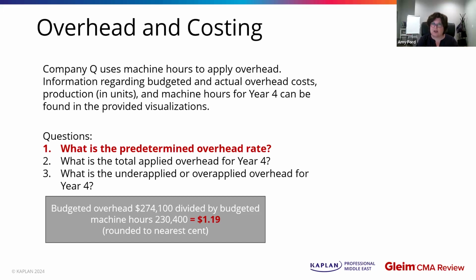We use this predetermined overhead rate and we apply, I call them all my A words: apply, assign, allocate overhead to these products and these costs. That way I'm able to prepare monthly financial data. Then at the end of the year, we will see how well we did.